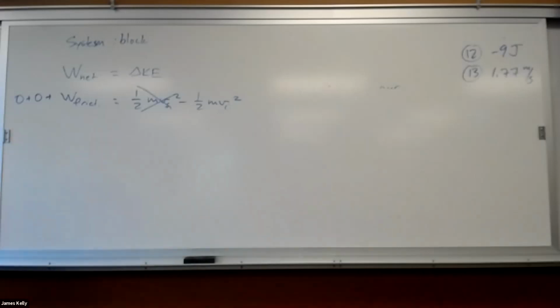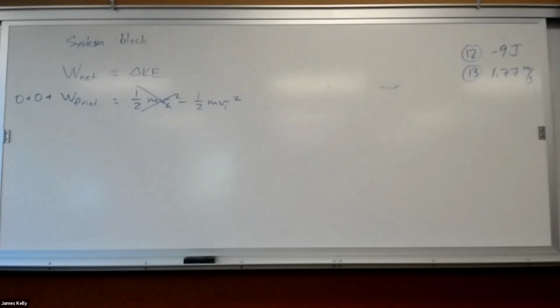So here's my block on the table. I have a pretty big mu k, let's say right now. A lot of friction. And that's what happens. I push it at 3 meters per second. It comes to rest right there. Supposedly, this answer doesn't change if mu k is really small. What are we going to see if mu k is really small and I give it the same initial push? It's going to go way over there, right?